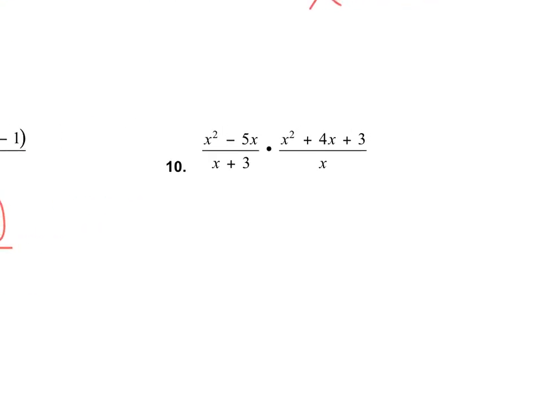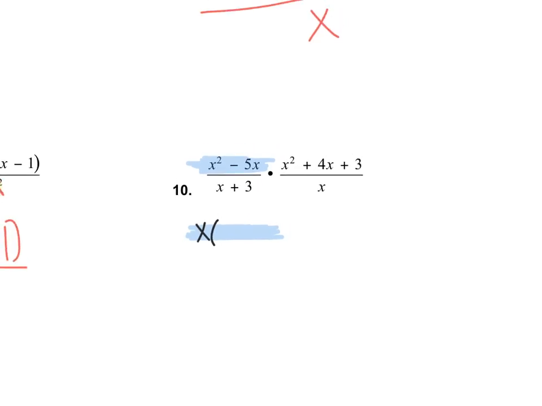Number 10, we're actually going to have to do a little bit of factoring on this one. If we look at the first part here, we have x squared minus 5x. Down here we're going to factor that, and we can take out an x. So we're left with x minus 5.